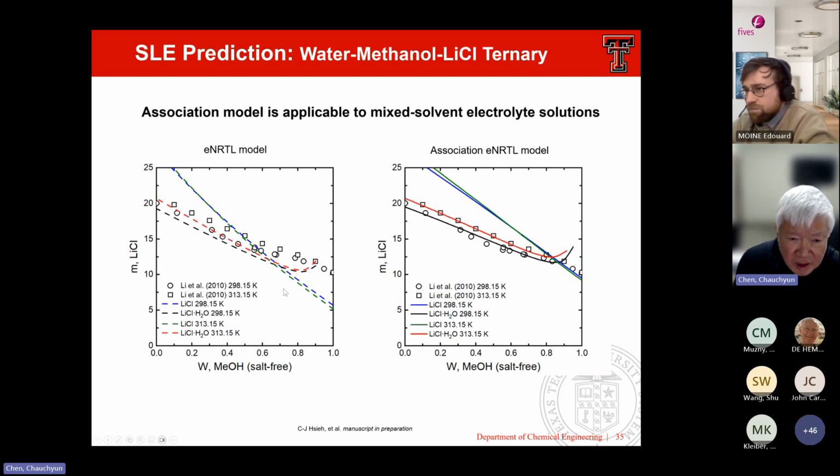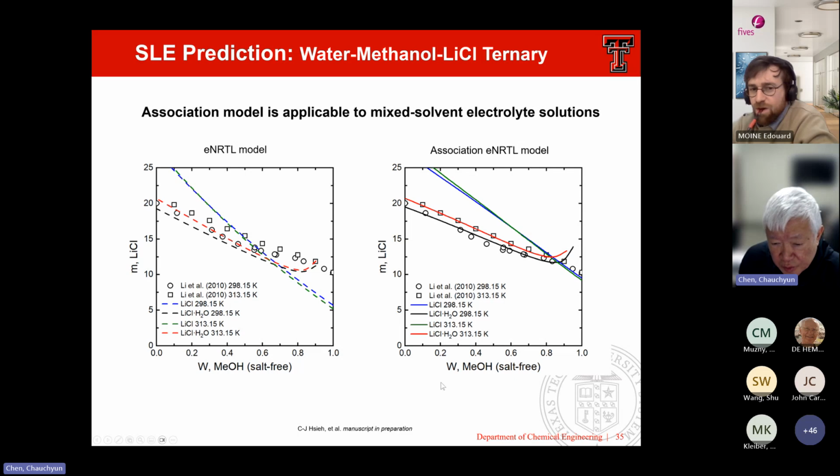Also, if we capture the activity coefficient right in mixed solvents, then we can use it to predict the salt solubility. In this case, this one is actually very interesting. It shows two types of salts.